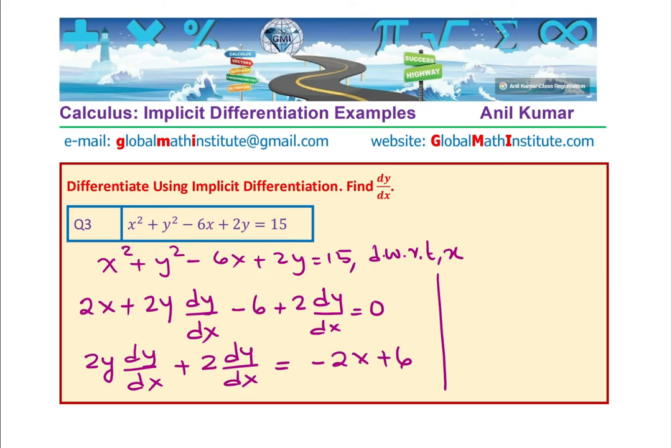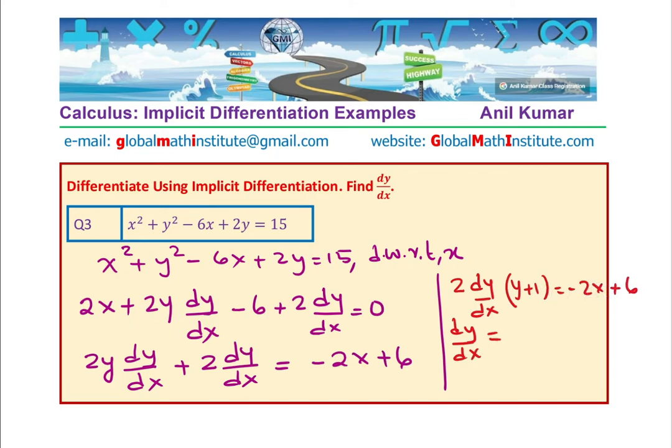Now we'll take dy/dx common, and 2 times dy/dx we could take common, and within the factor we get y plus 1, equals minus 2x plus 6. And so we can write dy/dx is equal to what?